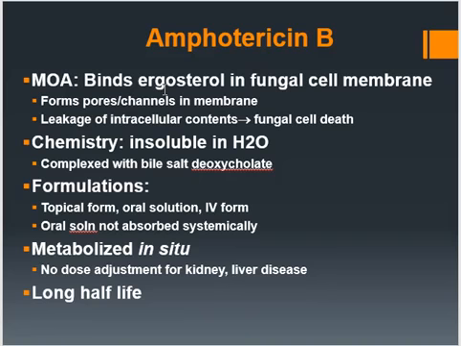When you start messing around with ergosterol, which is a really important component to the cell membrane within these fungi, the membrane can form pores or channels, and then you get leakage of the intracellular contents, and that results in an alteration of homeostasis, resulting in fungal cell death.